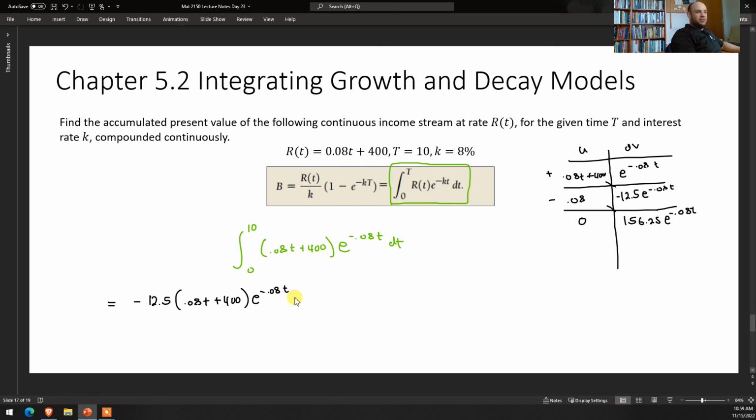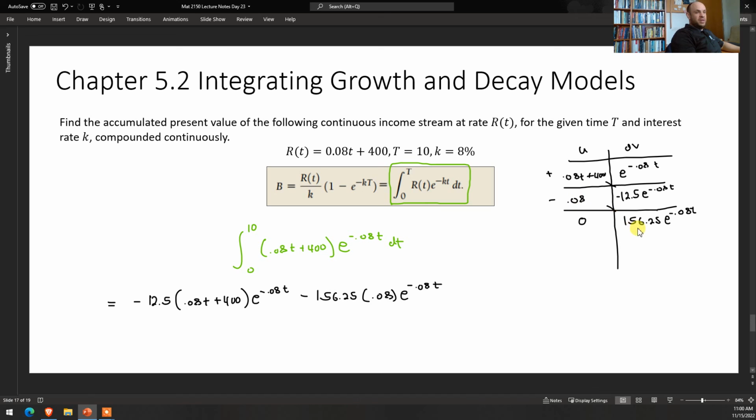Now next term, we have minus 156.25 times 0.08 times e raised to the negative 0.08 t.